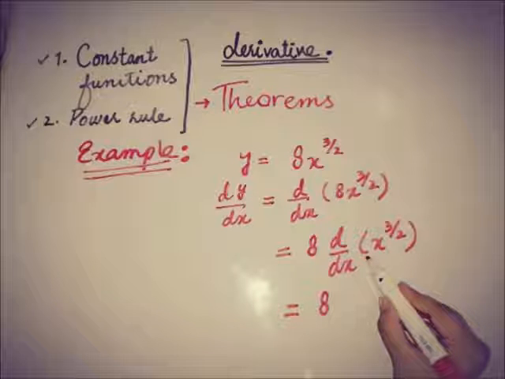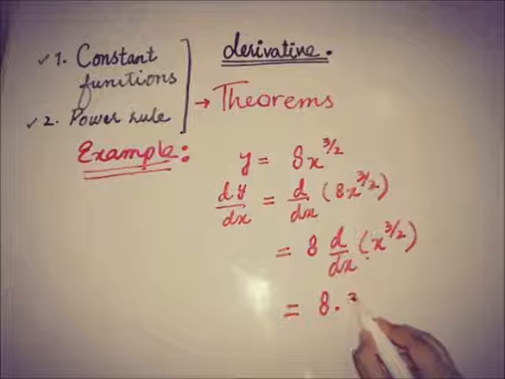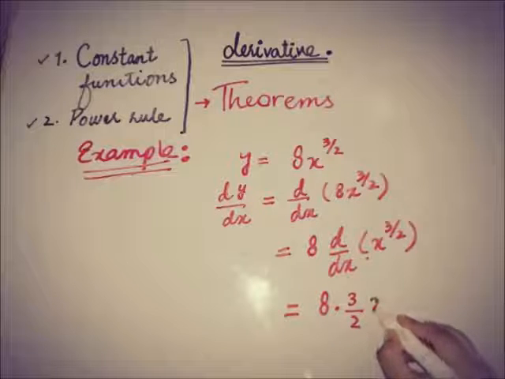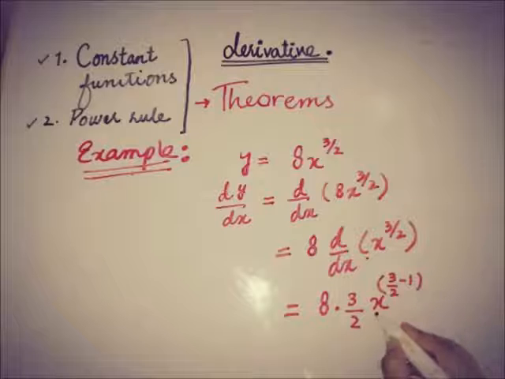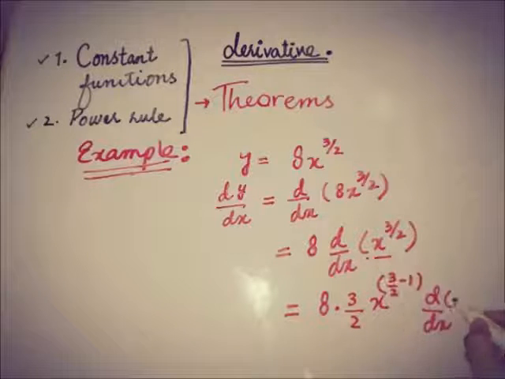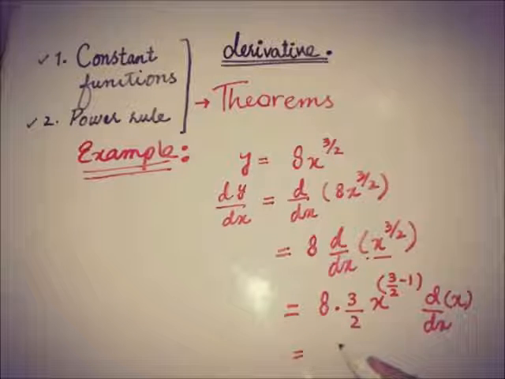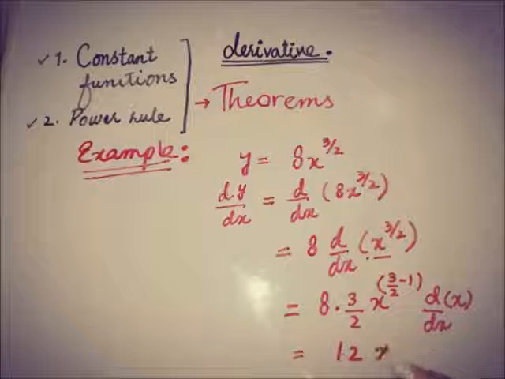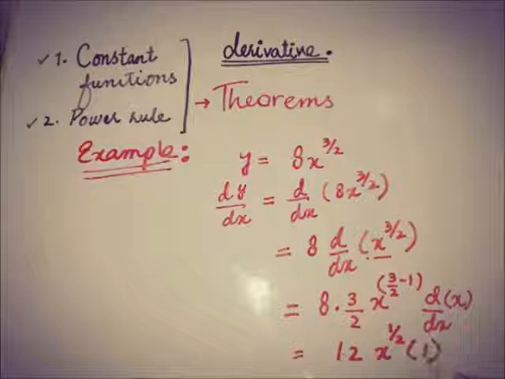Now we will apply the power rule: 3 by 2 comes down, and there should be a decrease in the power, and then the rate of change of this with respect to x. Solving this, we get 12, and this is 3 by 2 minus 1, we get half, and this is 1.